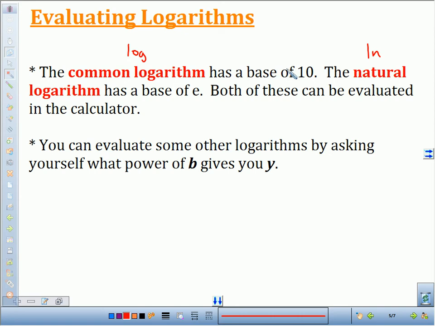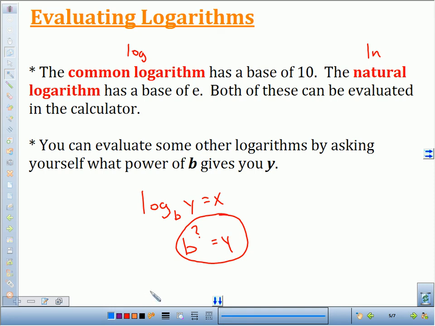Some logarithms can be solved by asking yourself what power of b, remember we have log base b of y equals x, and if we wanted to solve for x or evaluate this, we would ask what power of b gives you y. That is the question you would want to ask yourself.